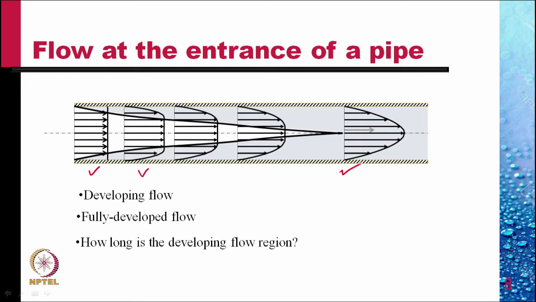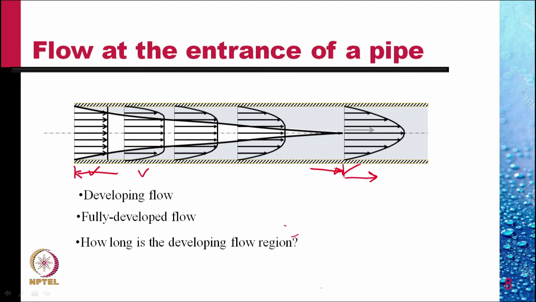Beyond that, the profile does not change. This is the region over which we say that the flow is developing. And beyond this is what is termed as the fully developed flow. How long is the developing flow region?